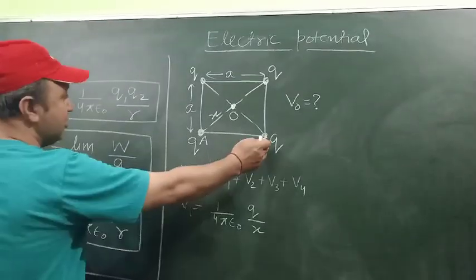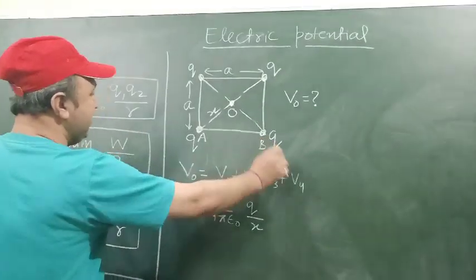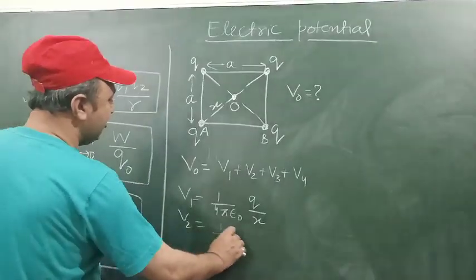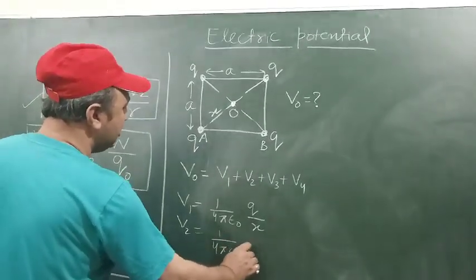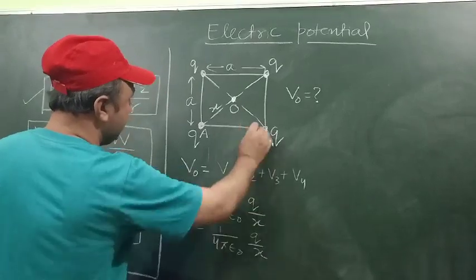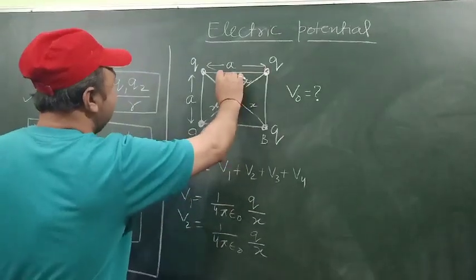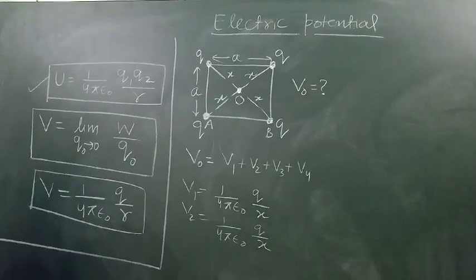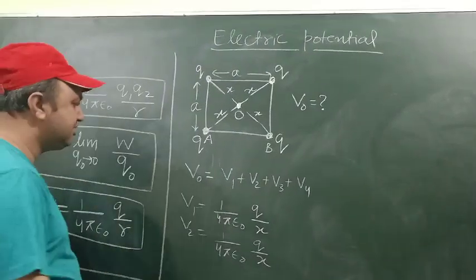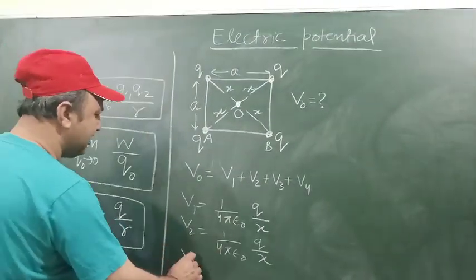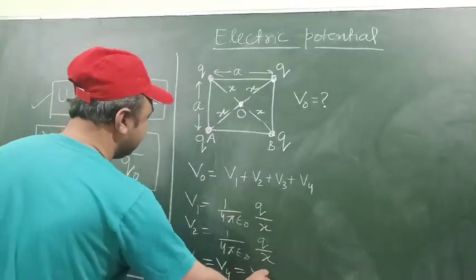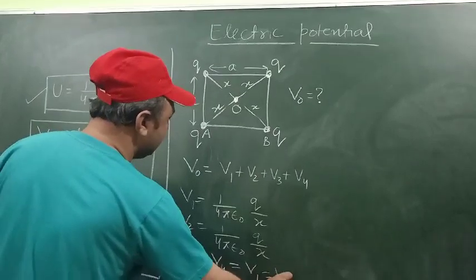Similarly, for this charge which is placed at B, potential will be 1 upon 4 pi epsilon naught q over x, because this side will also be x, this side will also be x, this side will also be x. You can find this out by ordinary geometrical methods. And similarly you can determine the value of V3, which will be equal to V4, which will be equal to V1, which will be equal to V2.